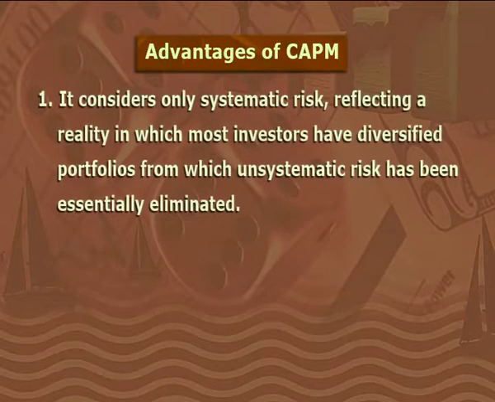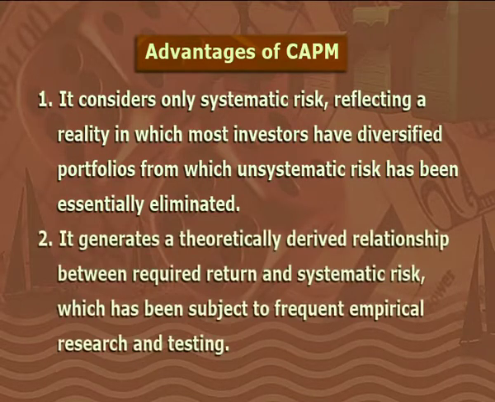Number 1. It considers only systematic risk, reflecting a reality in which most investors have diversified portfolios from which unsystematic risk has been essentially eliminated. Number 2. It generates a theoretically derived relationship between required return and systematic risk, which has been subject to frequent empirical research and testing.